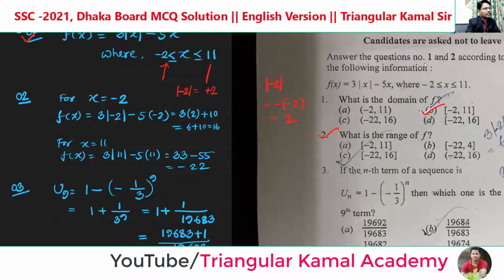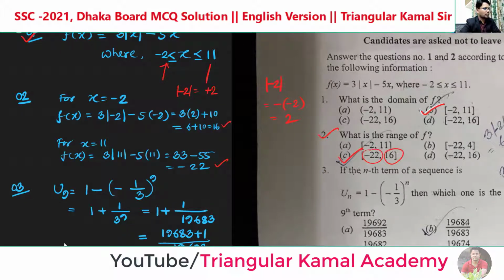So 3 times 2 is 6 and 5 times 2 is 10, minus minus plus, so there will be 16. When we apply 11, in the same way we get -22. So for -2 we get 16, and for 11 we get -22. That means our answer is C.